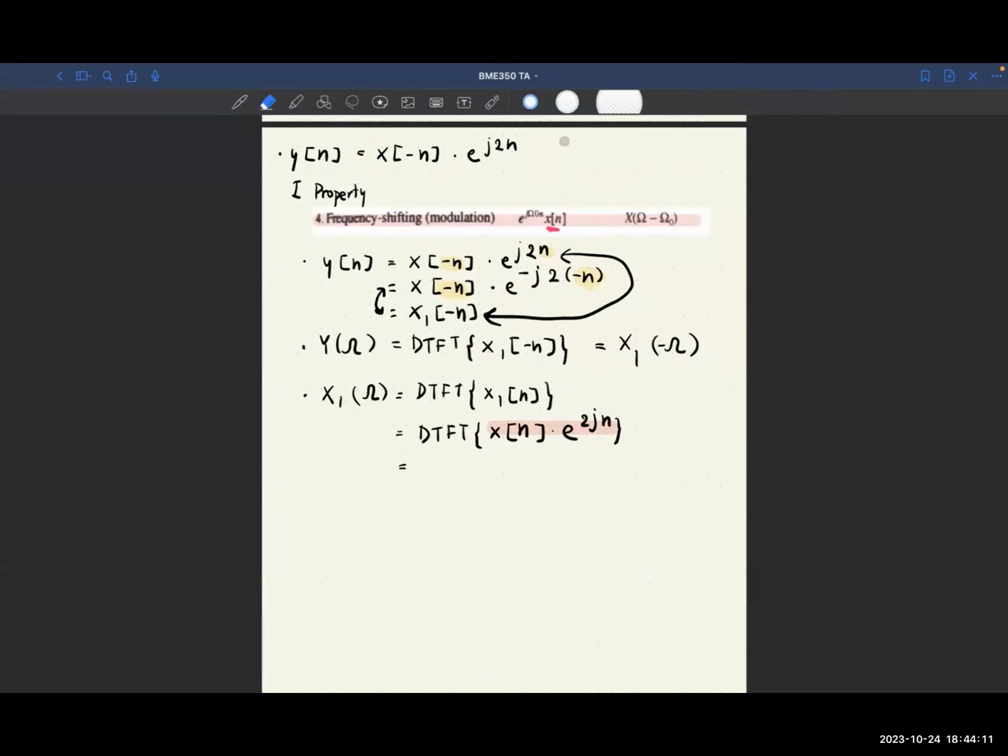Anyone would like to help me identify what would be our omega naught in this case? What is our omega naught? We already have this part, right? Omega 2. You're quite right.